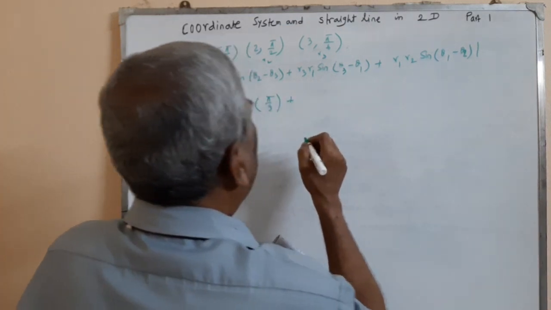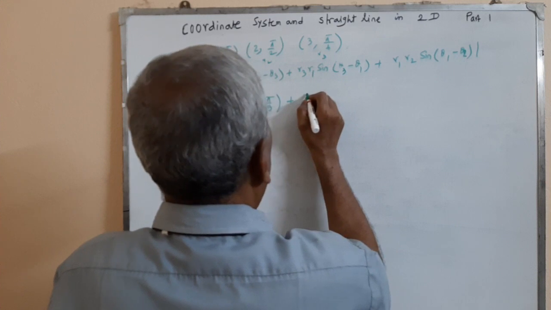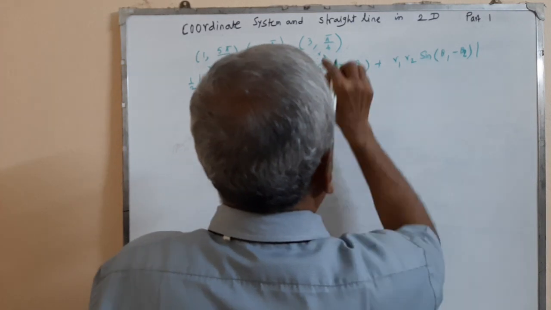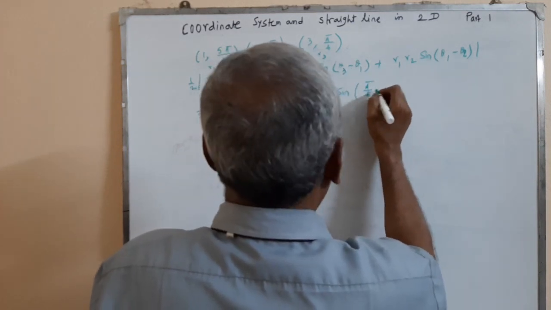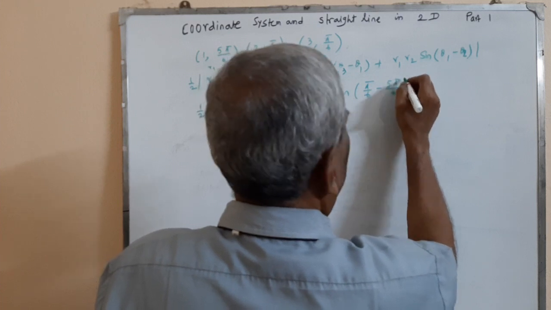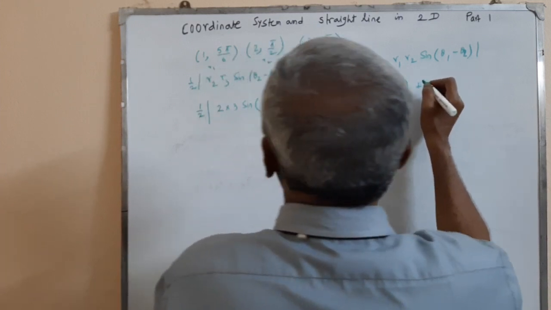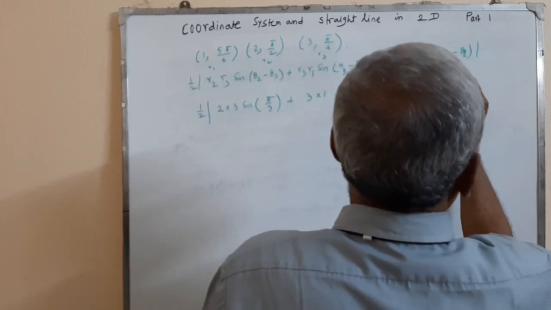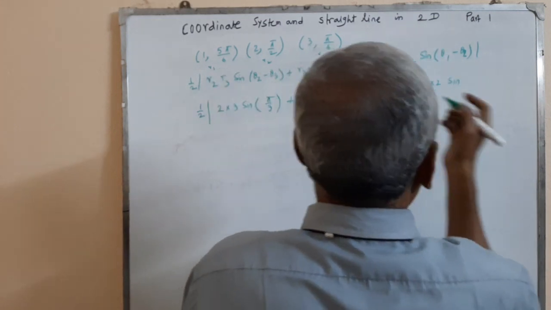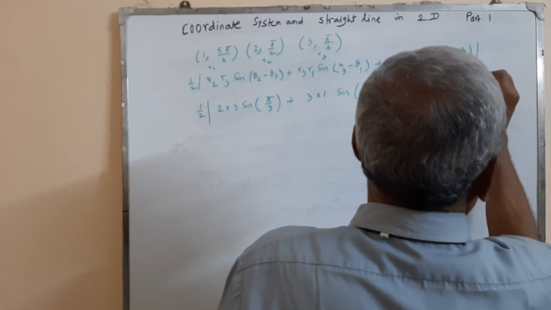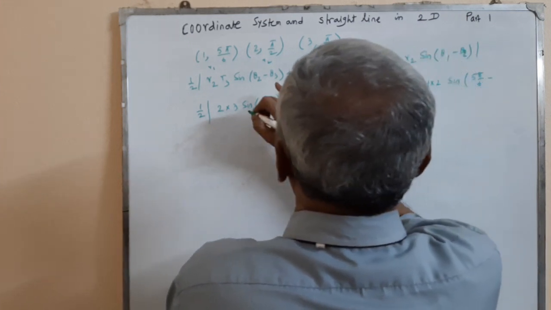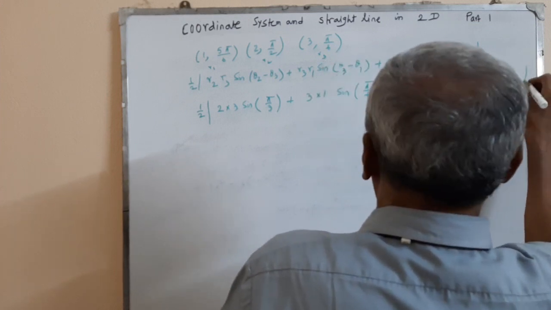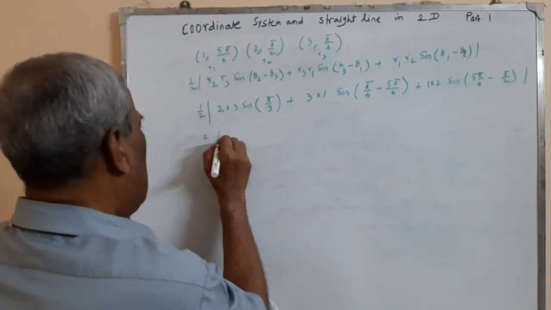Plus R3 R1, that is 3 into 1, into sine of (theta 3 minus theta 1), pi by 6 minus 5 pi by 6. Plus R1 R2, that is 1 into 2, into sine of (theta 1 minus theta 2), 5 pi by 6 minus pi by 2.